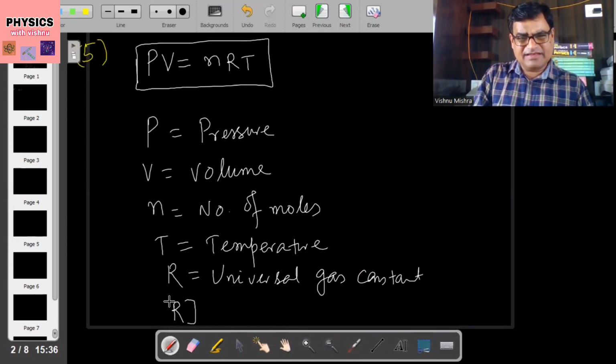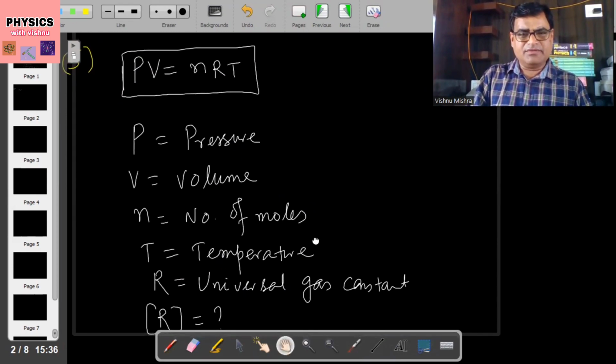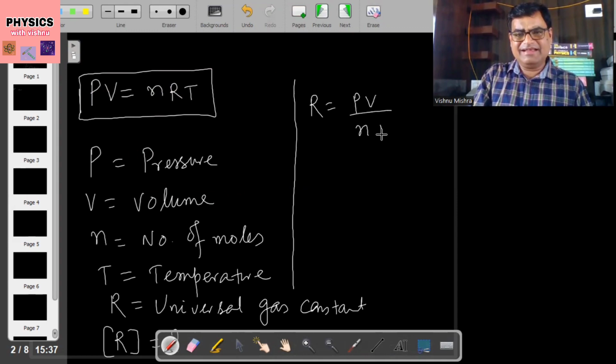Question is, find out the dimension of R. What is the dimension of R? Then how to find out? What is R? R is equal to PV by NT. So write down, R is equal to PV by NT. Understood this? That NT will go to the denominator.